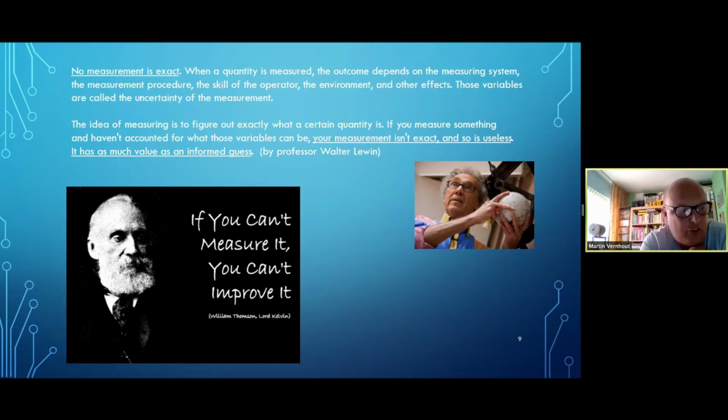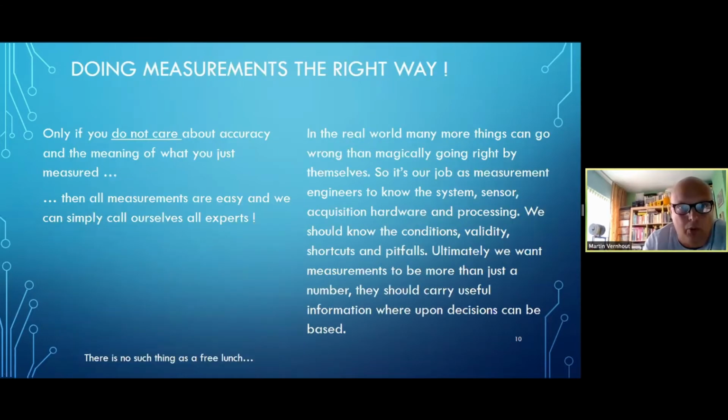We measure so we know that we're doing the right thing, or we measure so we can get a truly good value on how to make it better. What kind of signal processing do you need? Right, so doing measurements the right way is our goal. If you do not care about the accuracy and the meaning of what you just measured, then everybody can call themselves an expert, and it's fairly easy to get some data into your computer.